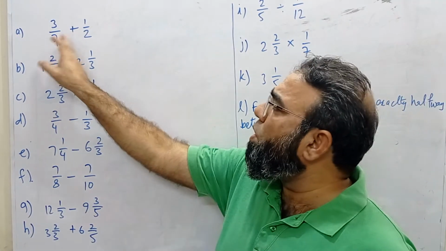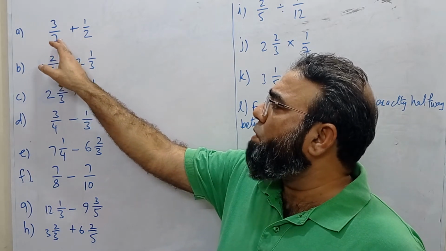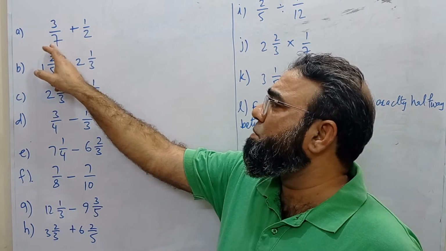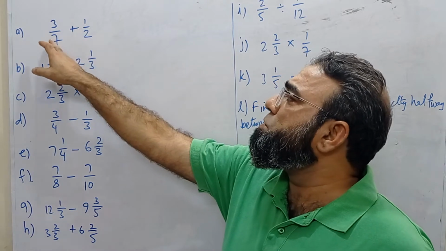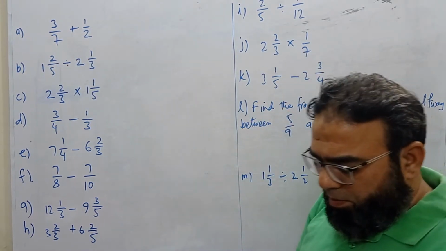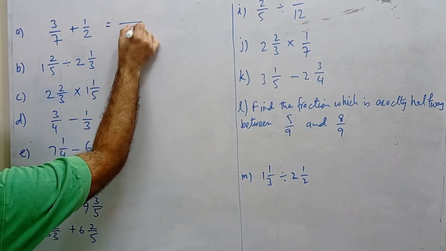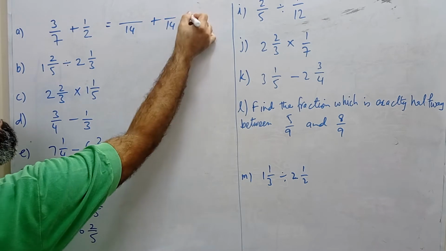If there is no common factor between two numbers of whom you are finding the LCM, you can simply multiply them. So there is no common factor between them, so 7 and 2's LCM is 14. We want to have 14 as the denominator in both of these fractions.